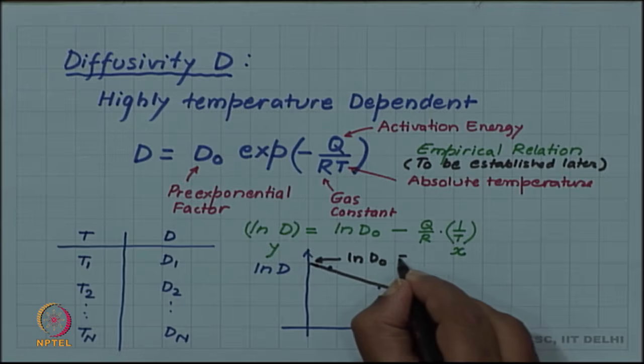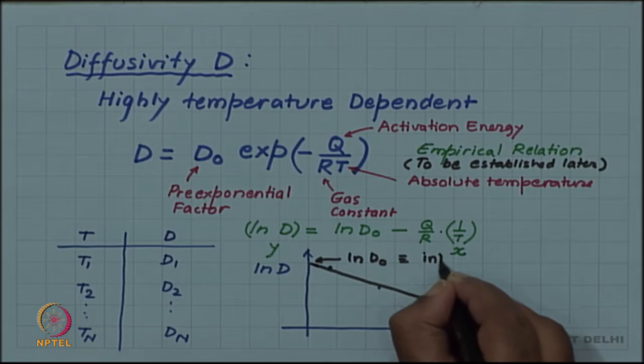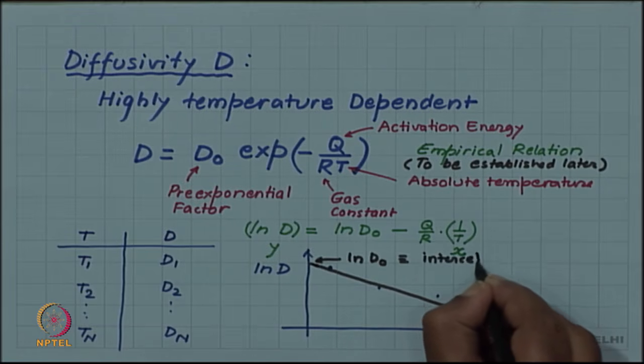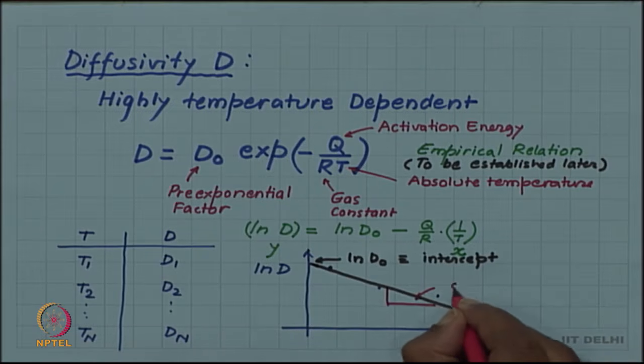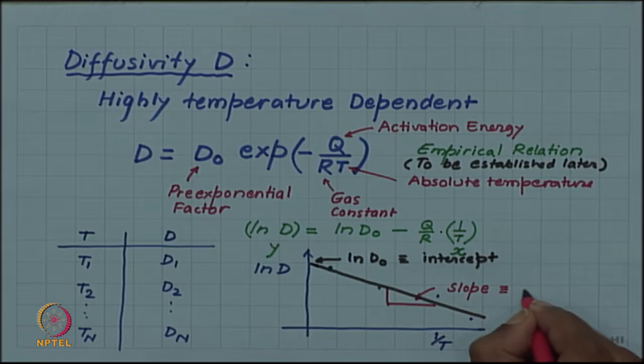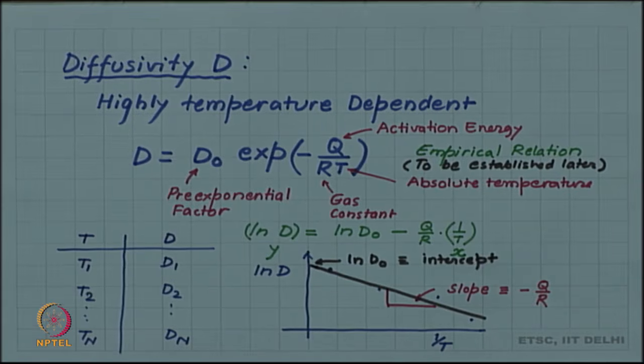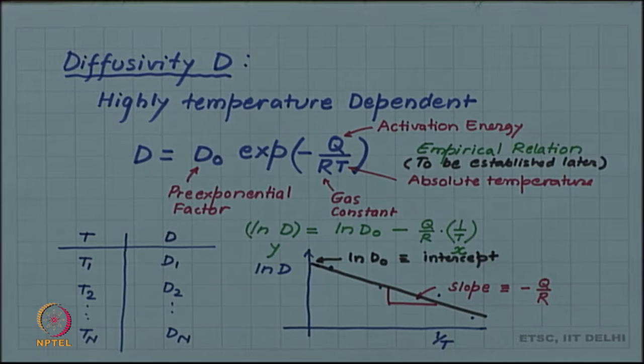So, log D naught can be found from the intercept, and the slope of this line should be nothing but minus Q by R. Since R is the gas constant, you can find the activation energy Q from an experiment like this.